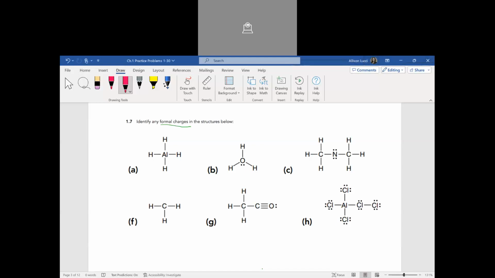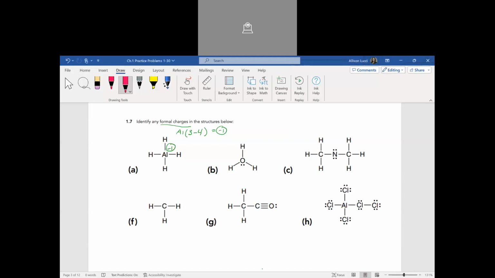Each of those we count as 1 electron. So you can look at the math here. Aluminum should have 3. We'll subtract 4 for those 4 bonds. So 3 minus 4, we would have a formal charge on our aluminum here of -1.